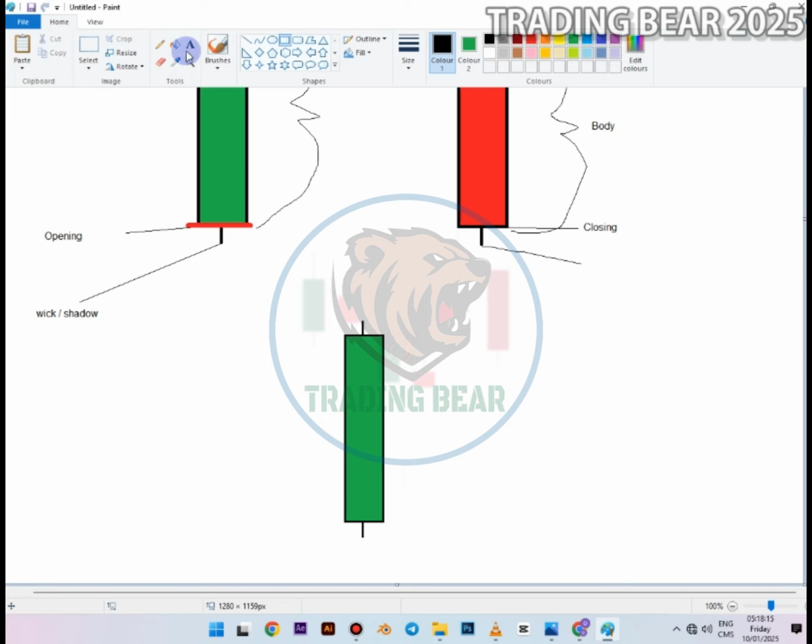Okay, so this is our opening. So let's say that price opened from here and then it went down, it dropped down. So it went down up to somewhere here, and then before the time it crossed this line. I want to see it crossed this opening price, so it turned green.